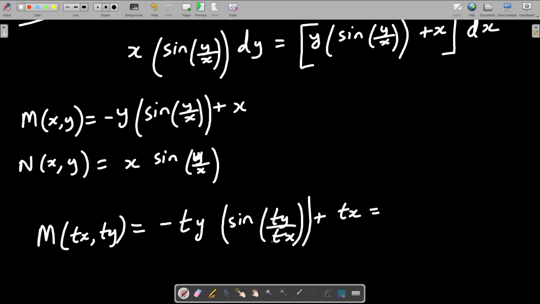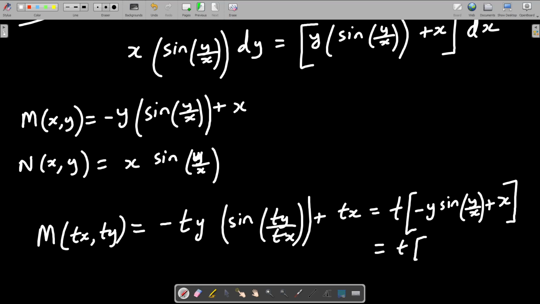This t and this t will cancel inside the sine only. This t will come out common, so you'll get t times minus y times sine of y by x plus x. So this is basically t times M of x, y. So this is homogeneous of degree 1. So M is homogeneous of degree 1.